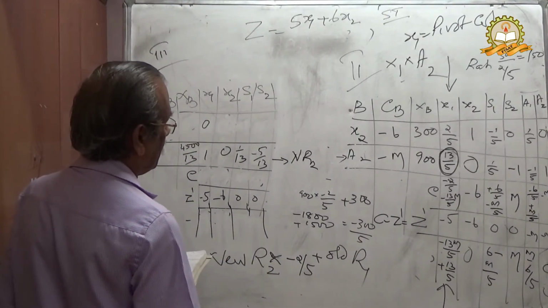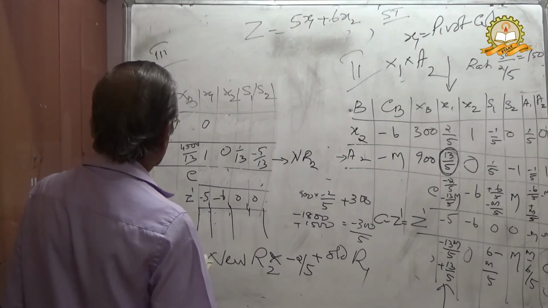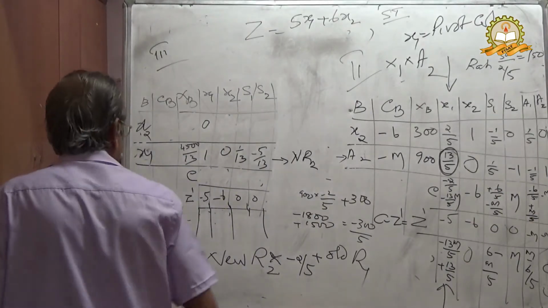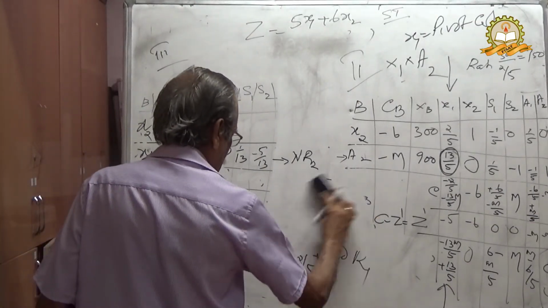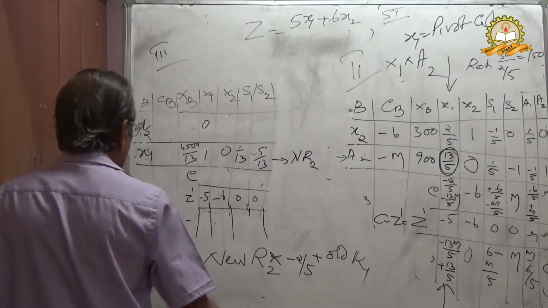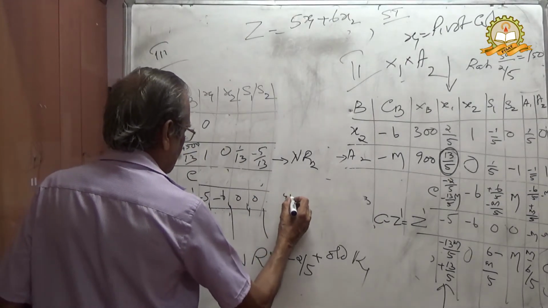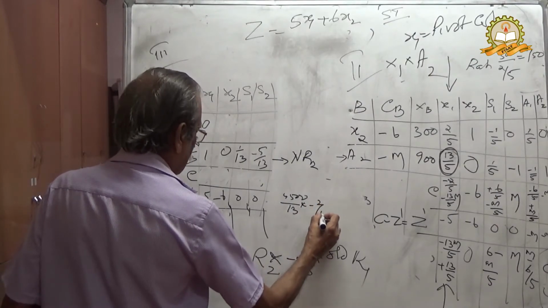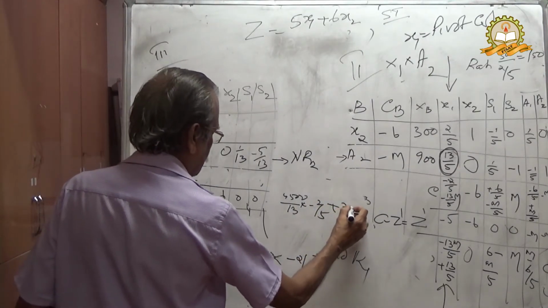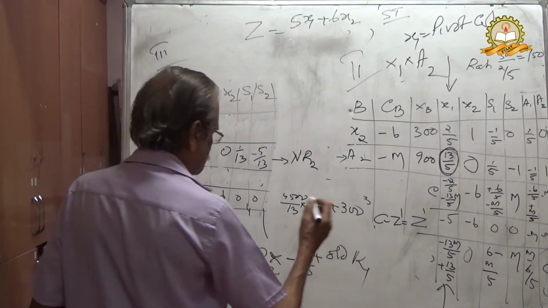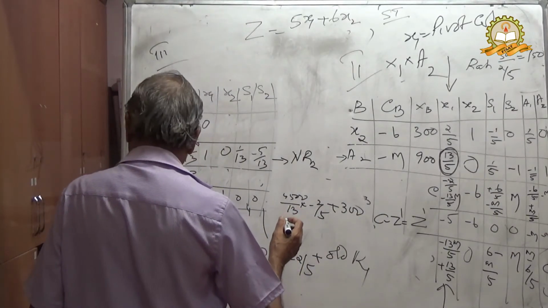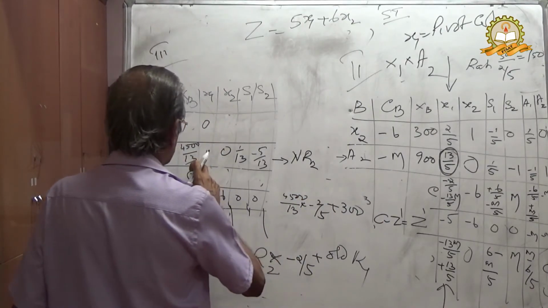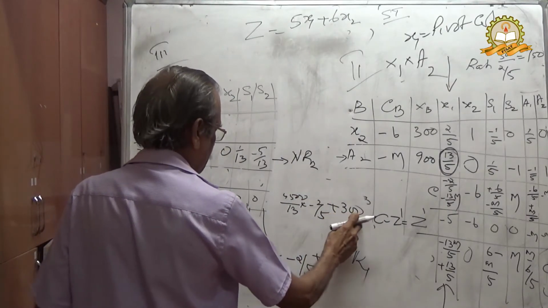Sorry, here the number is not 900, here the number is 1500, I am sorry. 1500 by 13 into minus 2 by 5 plus 300 equal to 1500 by 13 into minus 2 by 5 plus 300.